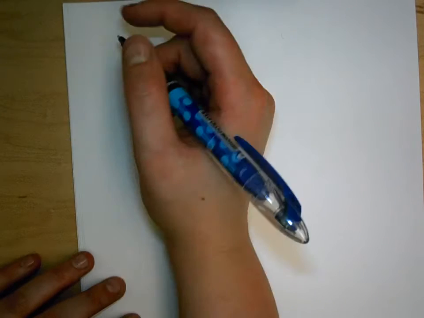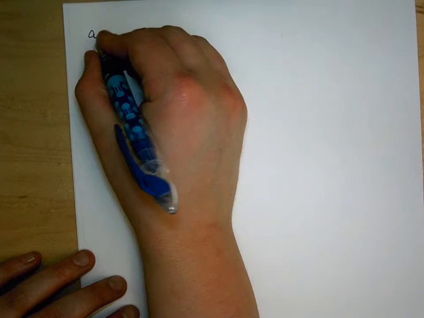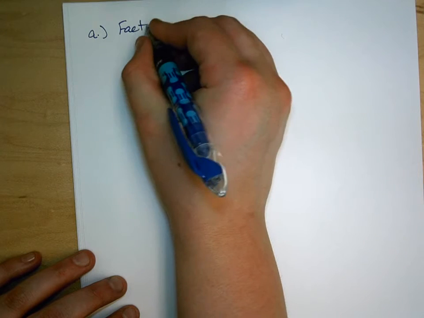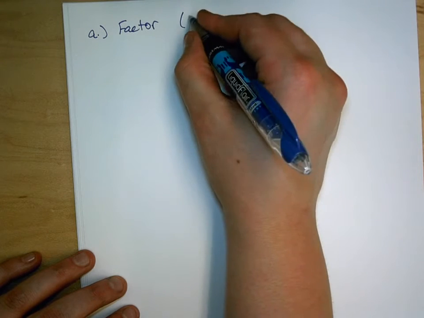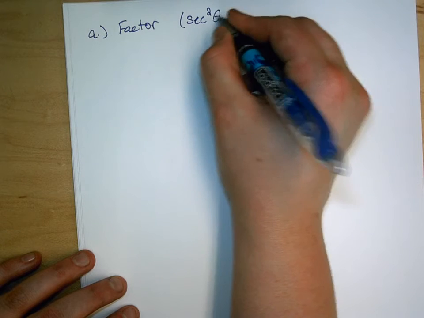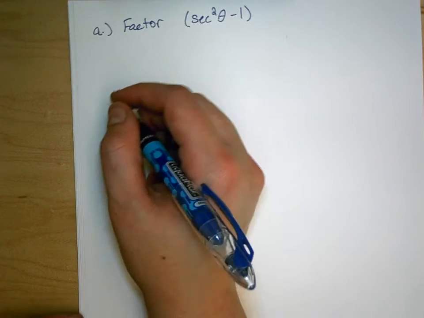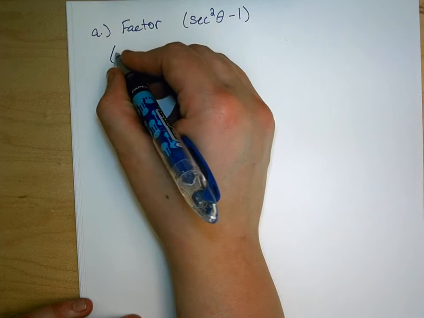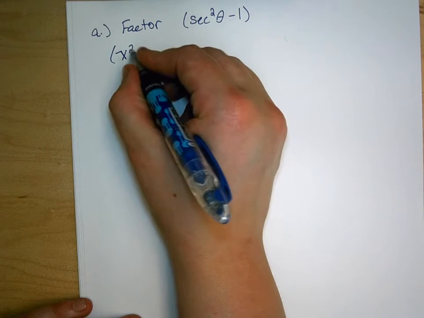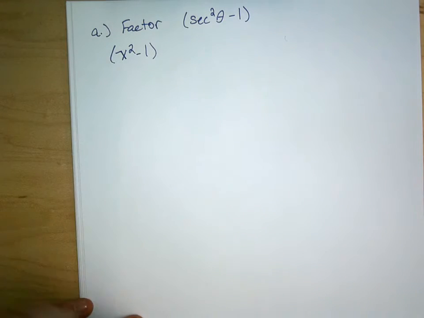All right, so let's look at factoring. Okay, so let's say that we were asked to factor something like secant squared theta minus 1. Okay, so let's start out by factoring something like x squared minus 1. This is kind of like our previous example.